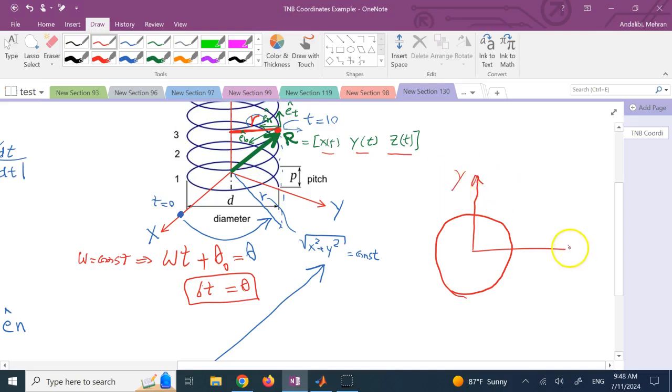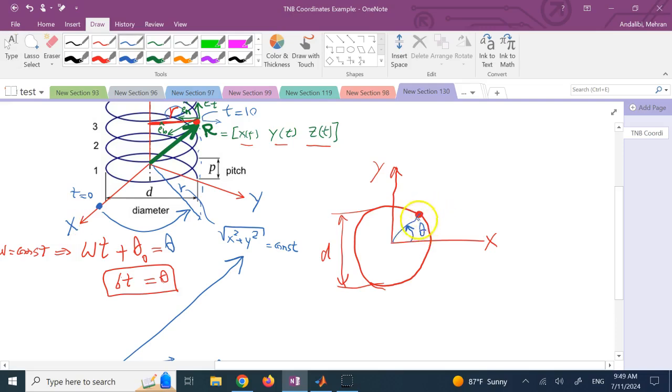But if your particle is here right now, and this here is d, this diameter, then if this angle is theta, clearly, if you project this onto the x and y axis, you know this x is going to be d over 2 times cosine of theta, and y is going to be d over 2 times sine of theta. Okay, and theta is that function of time. So this is your x, that is your y.